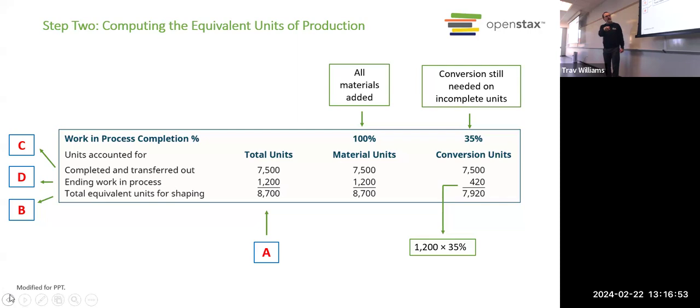And then we can take that number, add it to the ones that were completely converted to get our total equivalent units for conversion, because that's the number that we need to figure out the conversion cost per unit. We'll take our conversion costs and divide it by that number to get our conversion cost per unit.